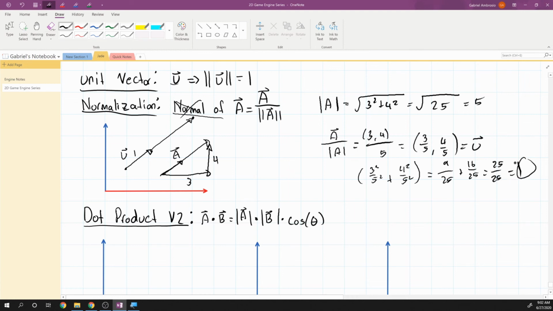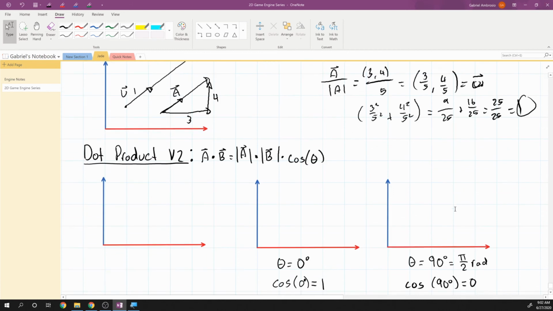So we can confirm that this works every time, and it makes sense if you think about it, because if we divide by the length, what we're doing is in essence making it so that when we square this next time, it will be length 1, and that's a u. So that's unit vectors. Very important, very useful for lots of things.